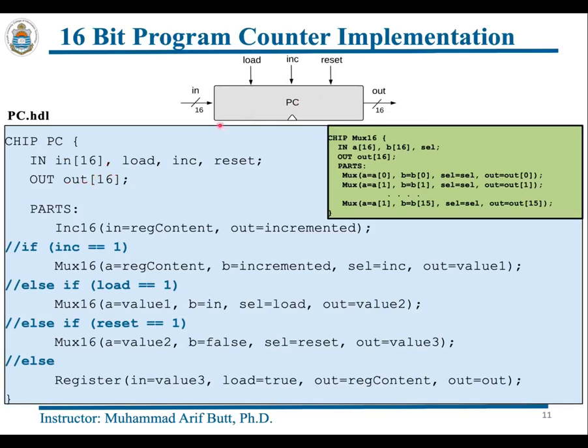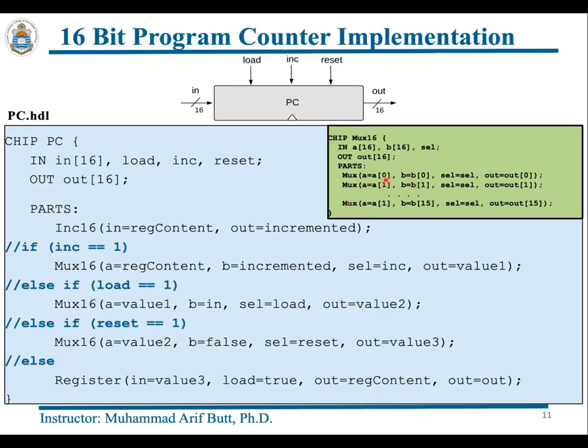Let's see the chip implementation part as well. This increment 16 chip or INC 16 chip inputs the existing register contents and outputs an incremented value. Then we have a MUX 16 chip whose code is also shown over here.